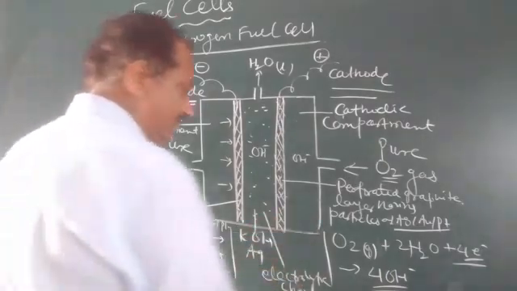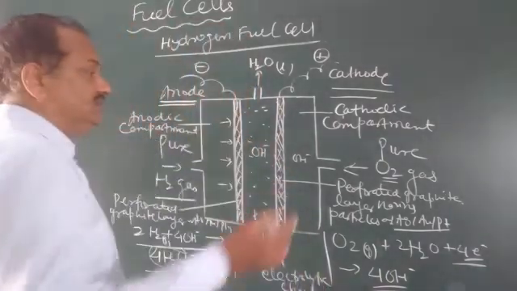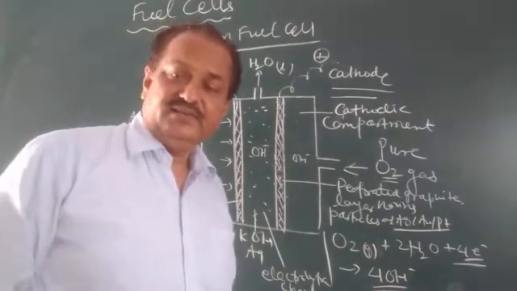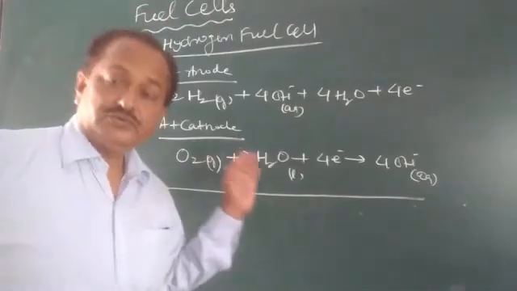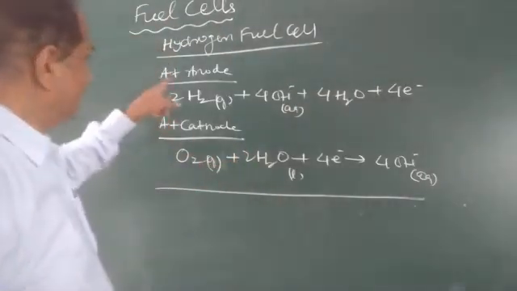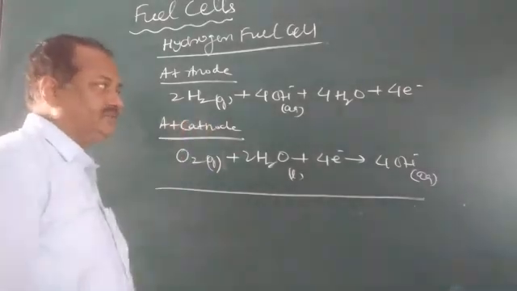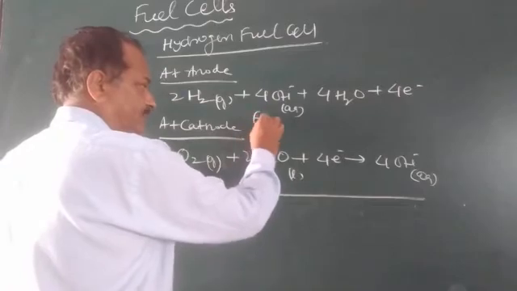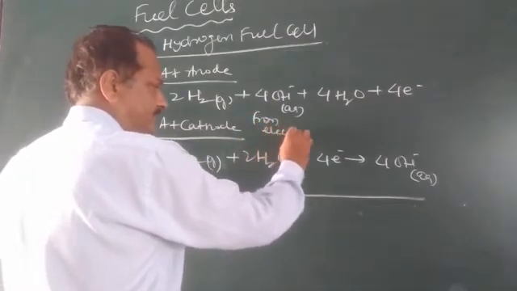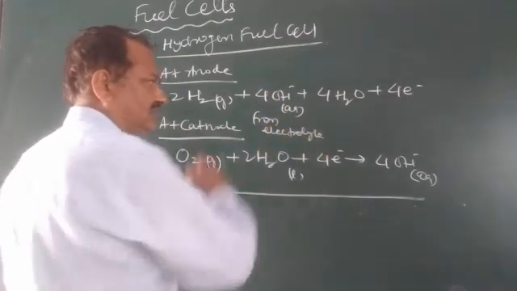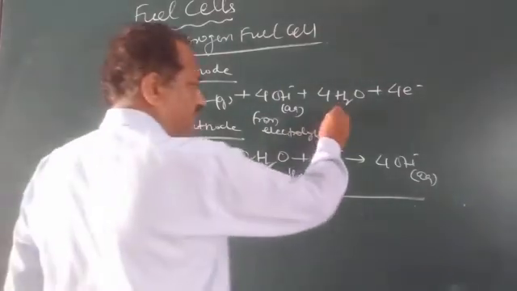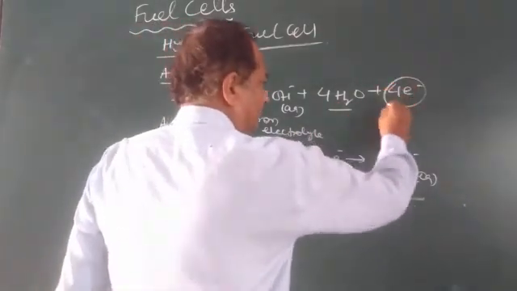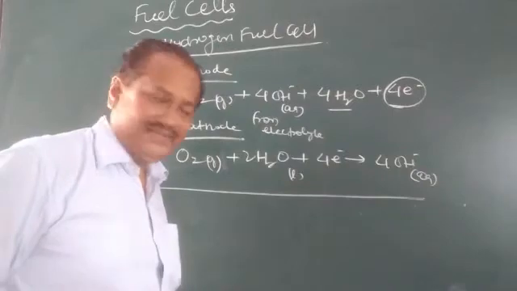If we write down the net reaction, at the anode hydrogen gas is passed, hydroxyl ions are taken from the electrolyte, there is formation of water molecules, and 4 electrons are produced.